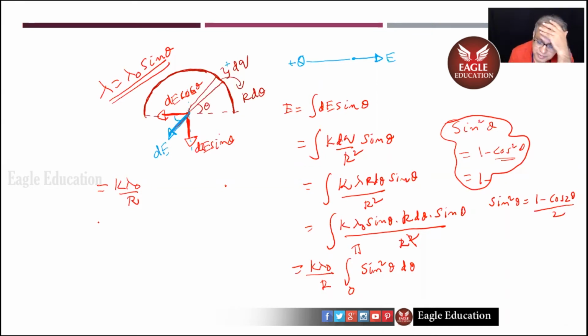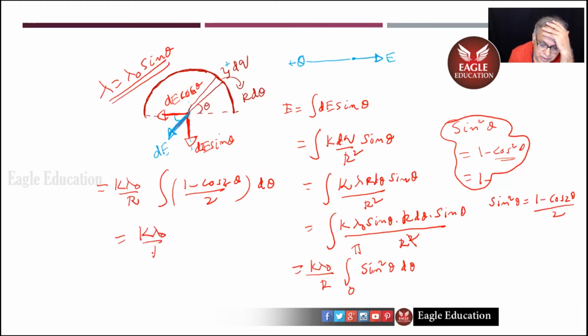So let me write k lambda naught by r integral of (1 minus cos 2 theta) by 2 d theta. Right?